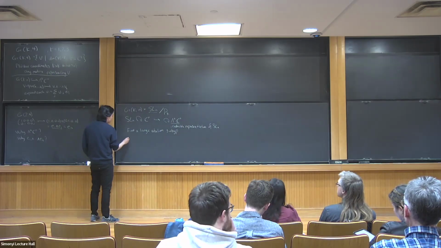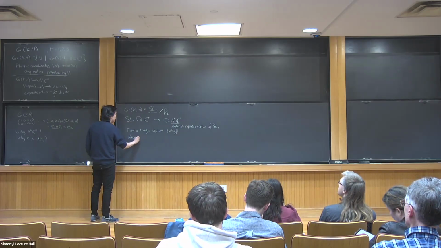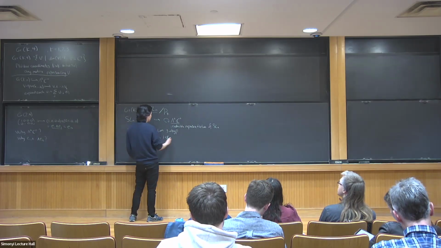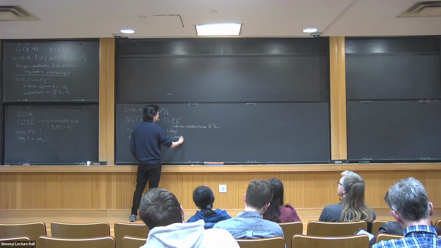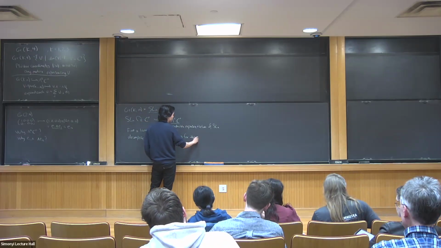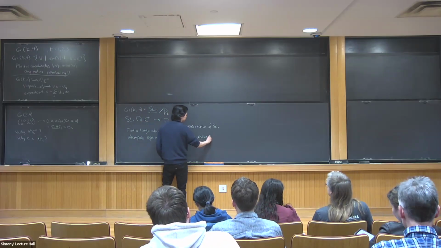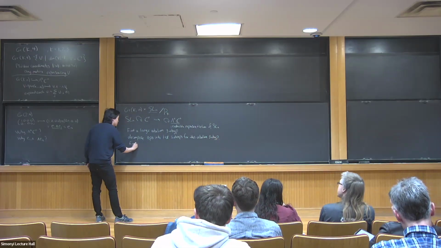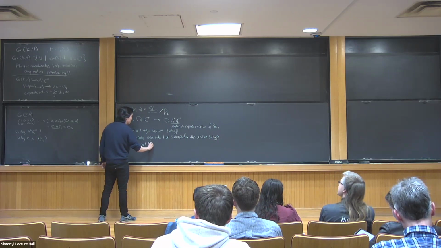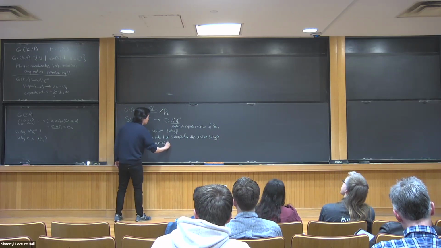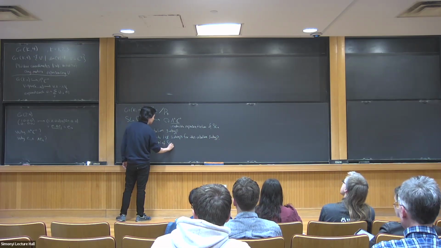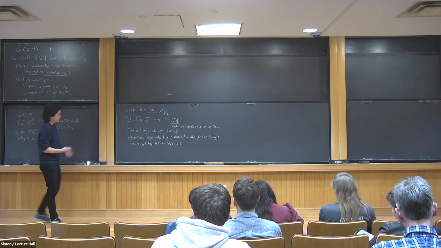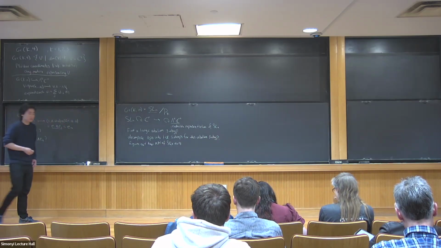So find the largest abelian subgroup, decompose, and then figure out what the rest of the group does to these one-dimensional subrepresentations for your abelian subgroup.